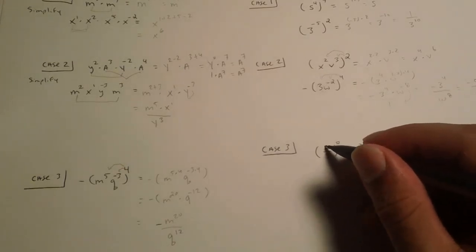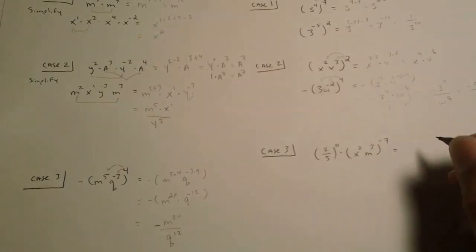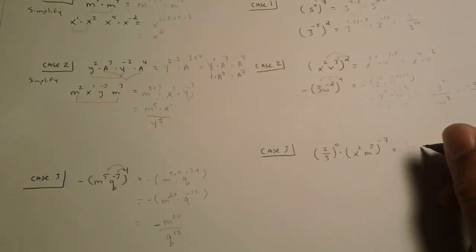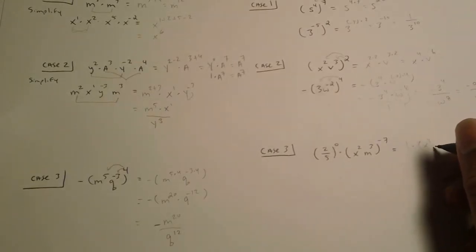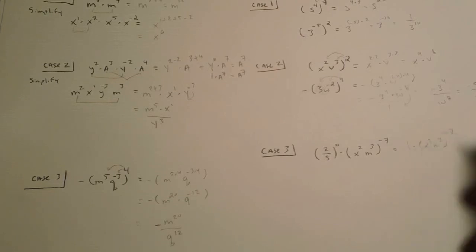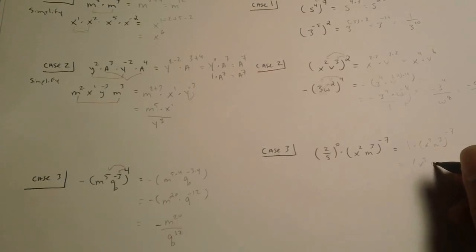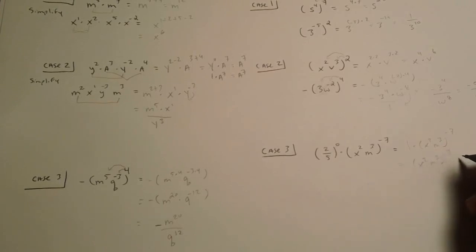So we're just going to cancel it out already. Or for those who want to see it, 1 times x squared m to the 3 to the negative 7, which is still x squared m to the 3 to the negative 7.